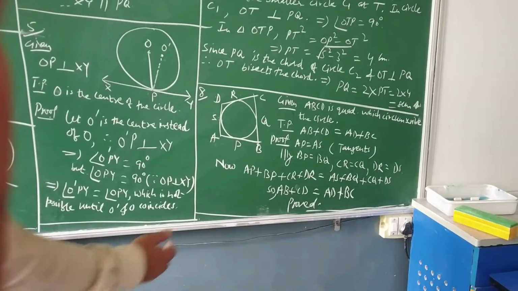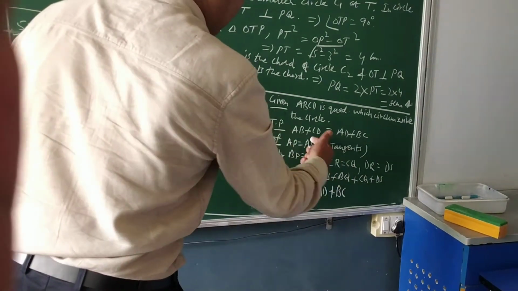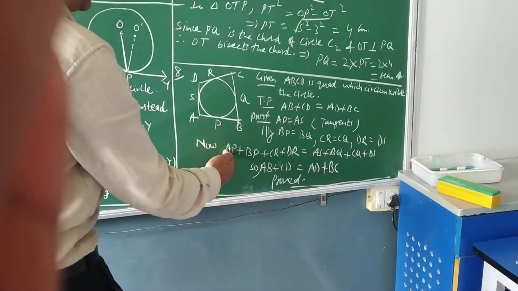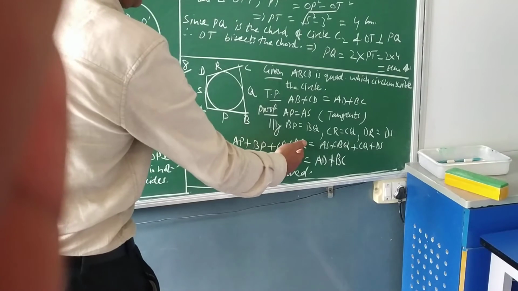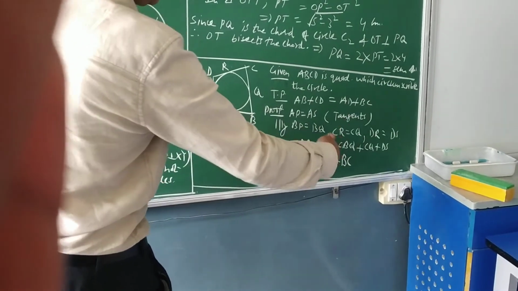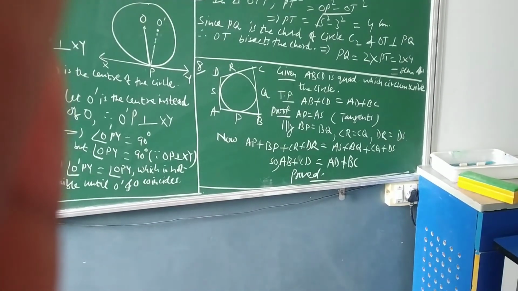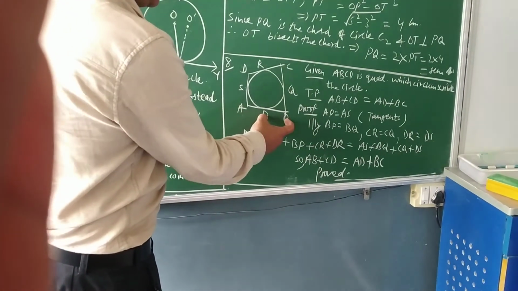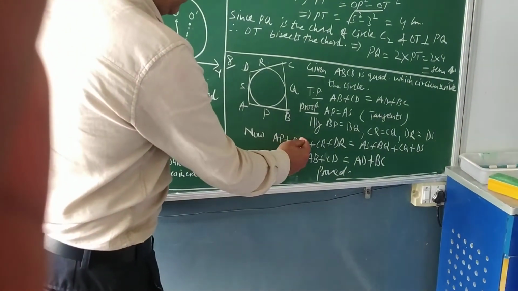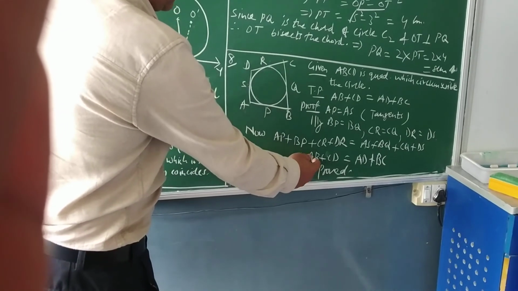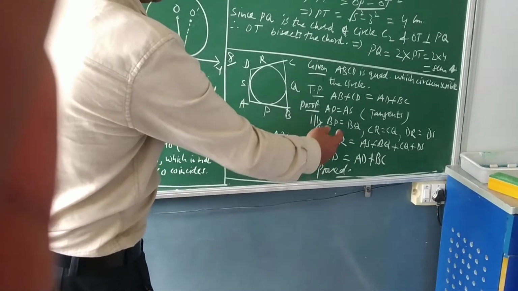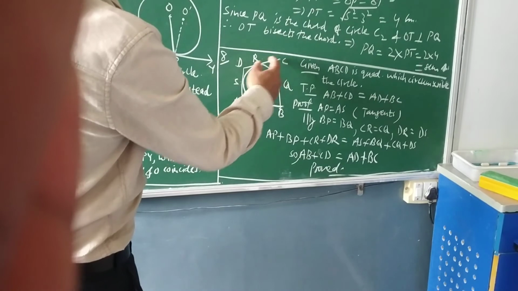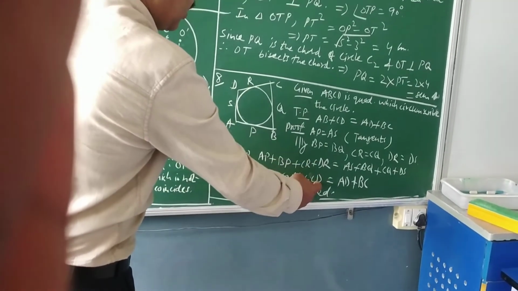So now accordingly I will be adding the left hand side to the right hand side. So I will get AP plus BP plus CR plus DR is equal to AS plus BQ plus CQ plus DS. Now you need to prove AB. AB is the sum of AP plus PB. And CR plus DR will give you CD.